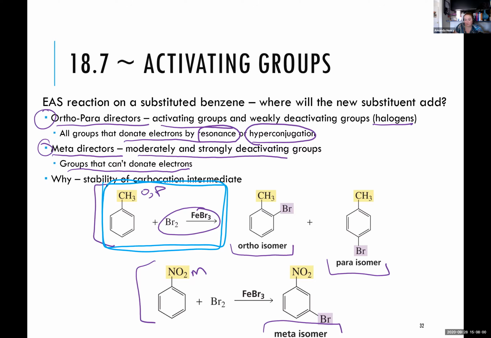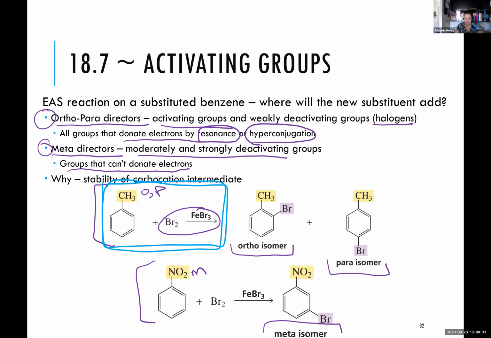We don't need to know what the bromine is because it only matters what's already on the ring. We also don't need to know if the methyl is a moderate or a weak activator because both of those fall into the ortho-para directing category. So I bring this up because when you are taking the test or doing the worksheets, it can be easy to overanalyze things or go too far.